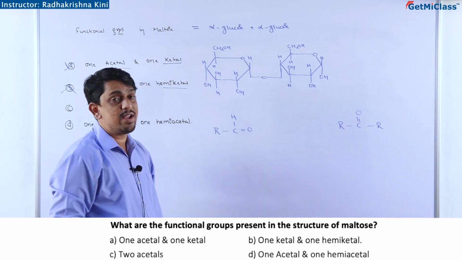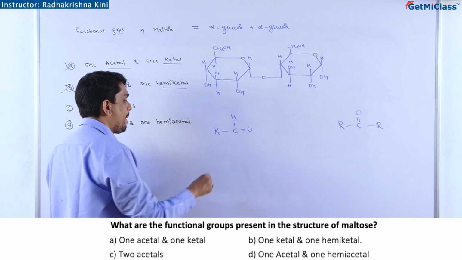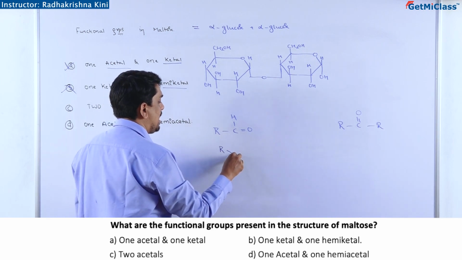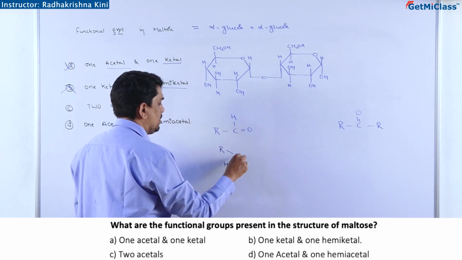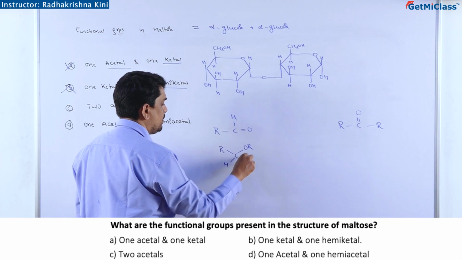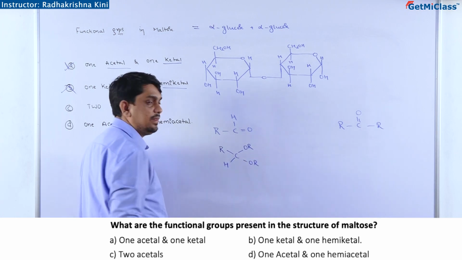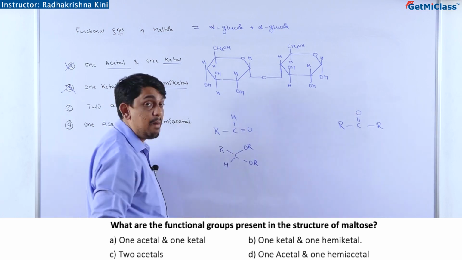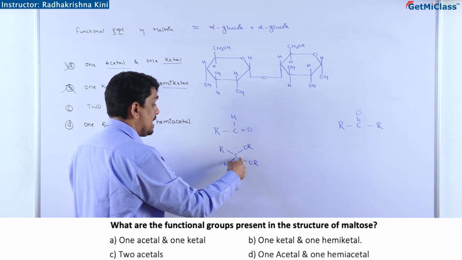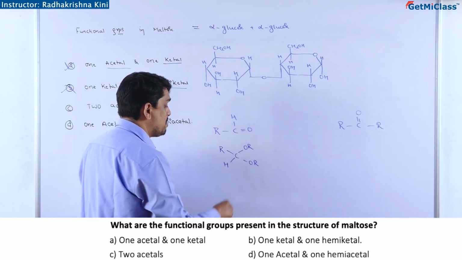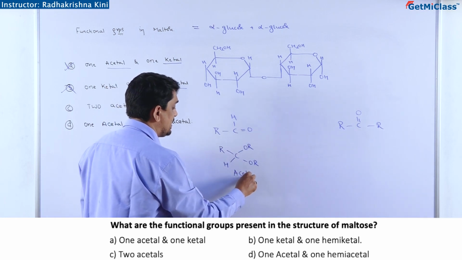Now let's look at what we mean by acetal. Acetal looks like this: O becomes OR, O becomes OR. It is a dialkoxy compound. A geminal dialkoxy compound, we call it an acetal.